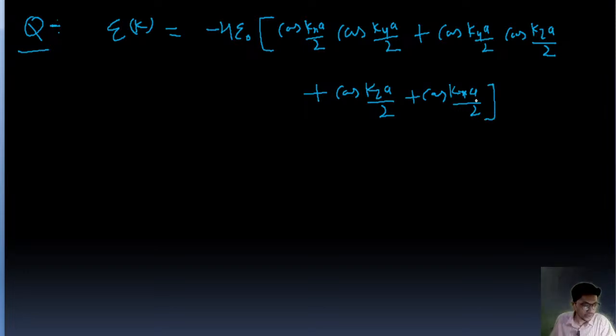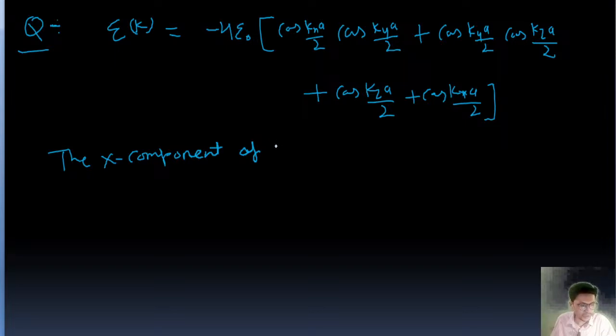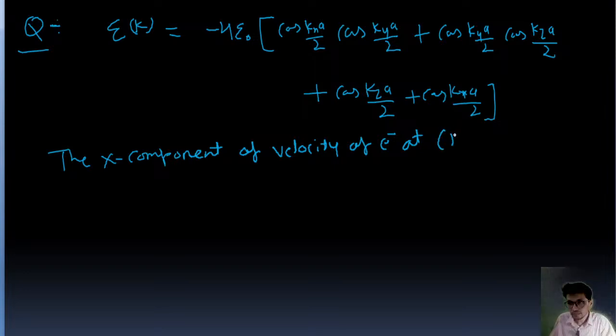We have to find the x component of velocity of electron at (pi by a, 0, 0).